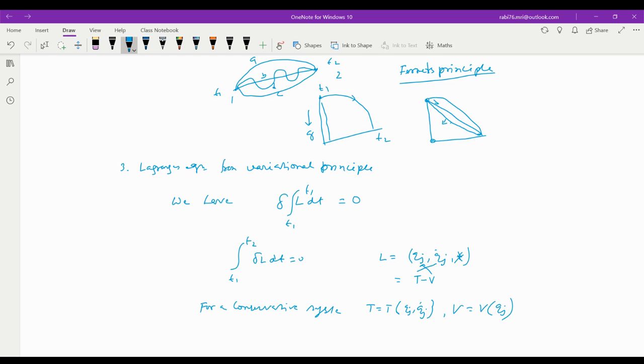Now where will qj come in? If the coordinate transformation involves time, then kinetic energy will involve position coordinates also, right?